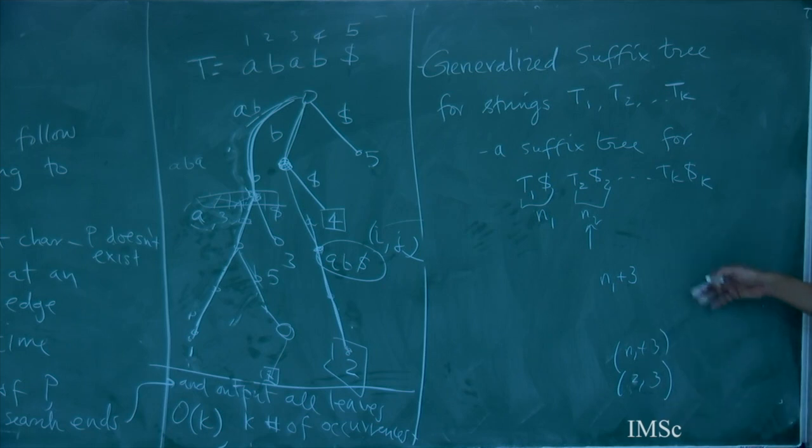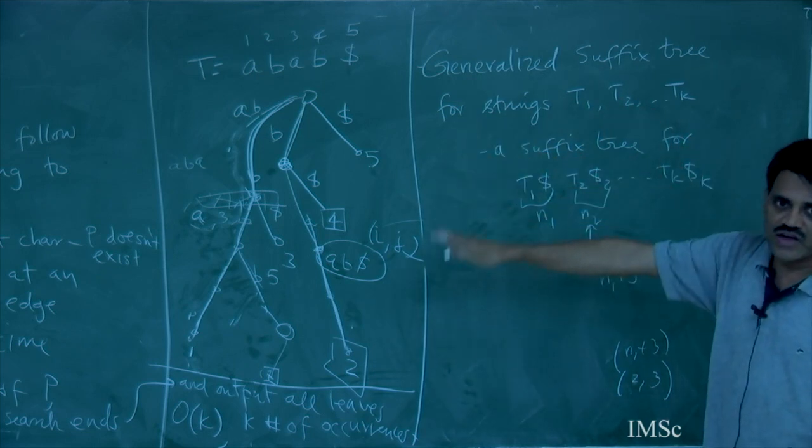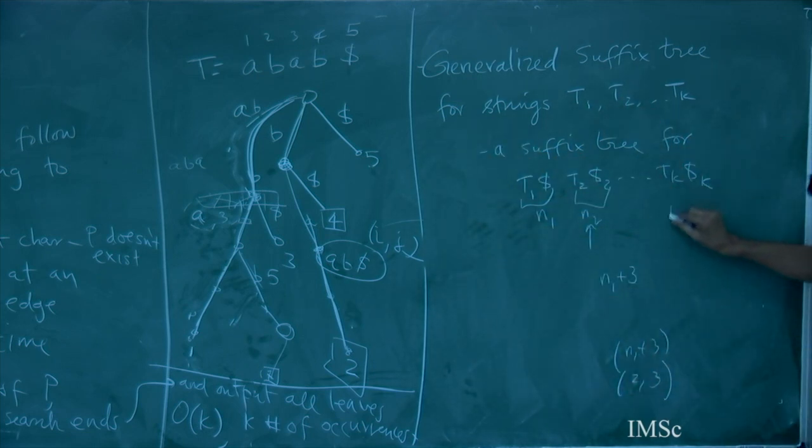It may also appear in position number 7 of text 2, or position number 23 of text T5, whatever, but the same search method will tell you everything. You just follow through and go to all the leaves, and it will tell you everywhere your pattern is appearing.